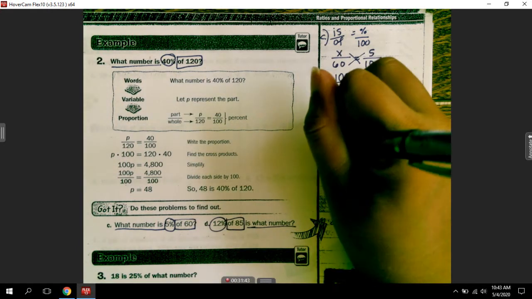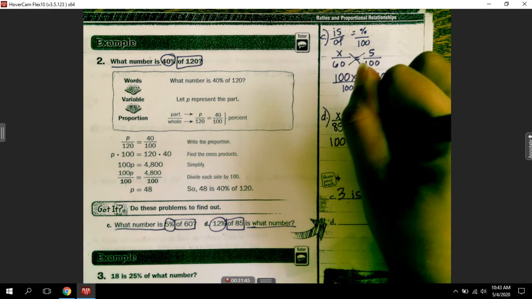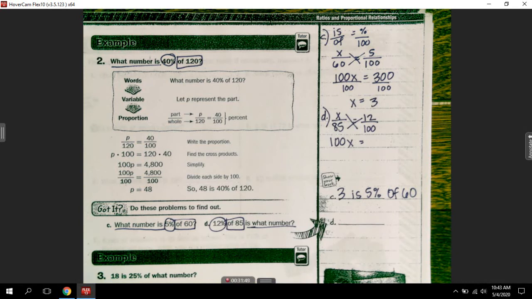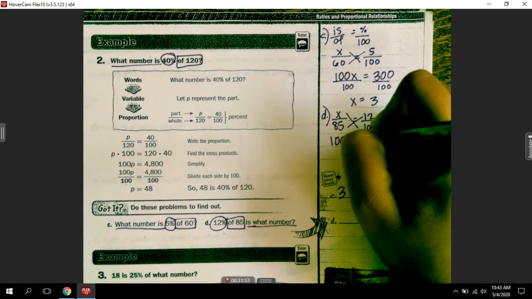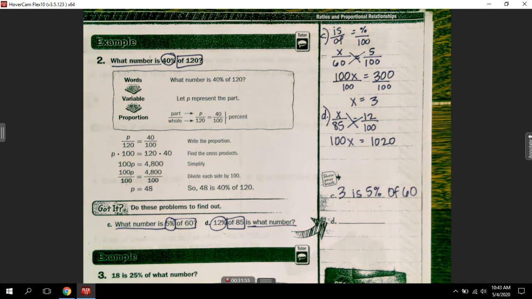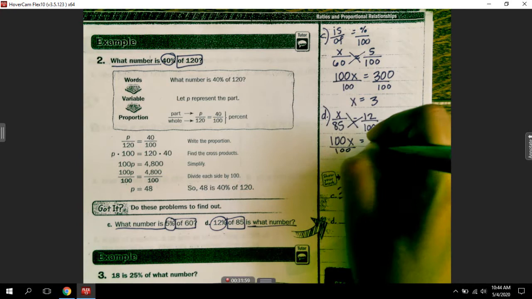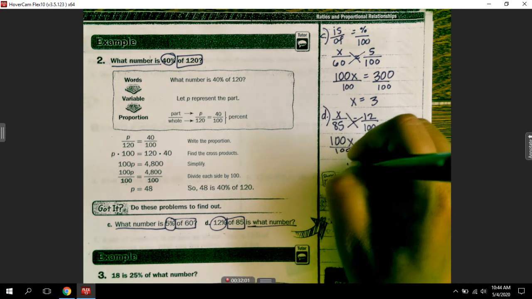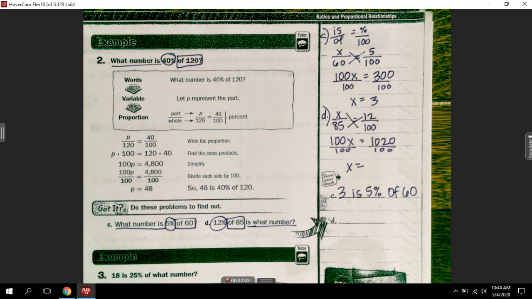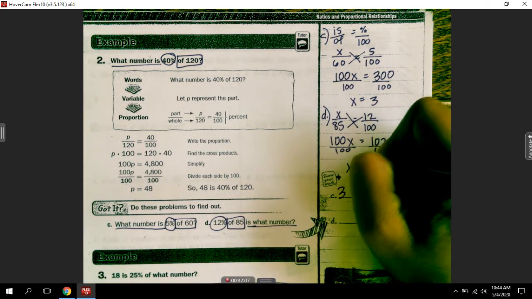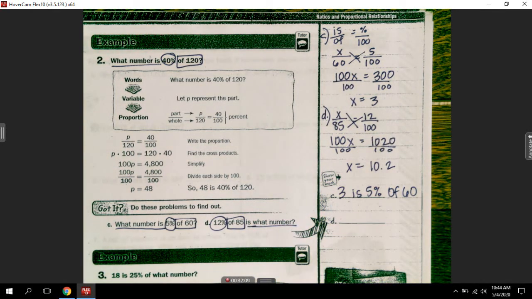So x times 100 equals 100x. And then 85 times 12 should be 1020. So then to solve for x, you're going to divide both sides by 100. You get 10.2.